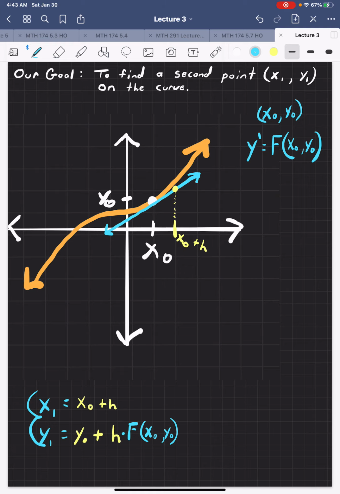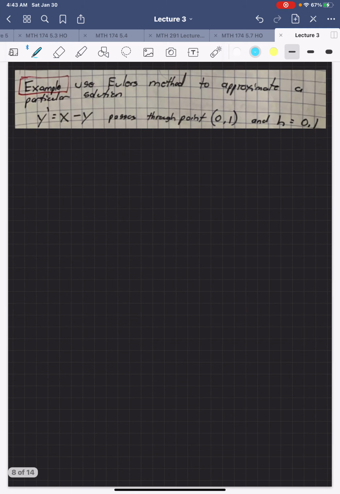I think it's going to be best to just do one, okay? So we want to use Euler's method to approximate a particular solution. Now hold on. So let's think about what we have. Remember how I said that you would have a point and you would know the slope of a point, right? Now if you have a point and a slope, you can have a y equals mx plus b type of equation, right?